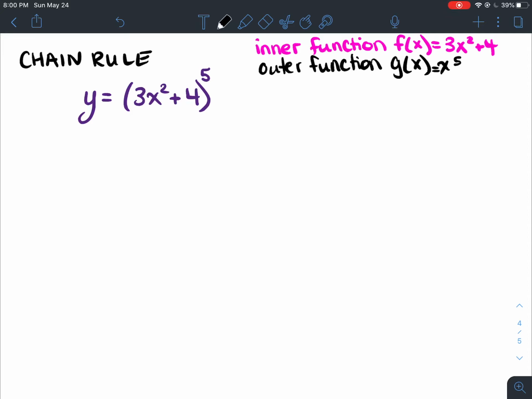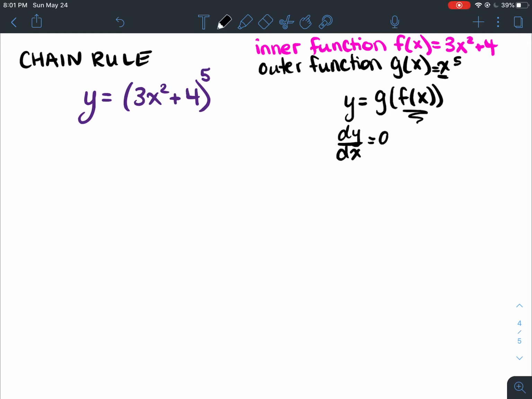And then what happened is we did g of f of x to get what y equals. So we took the outer function g of x and we replaced the x value with f of x, that's what happened.